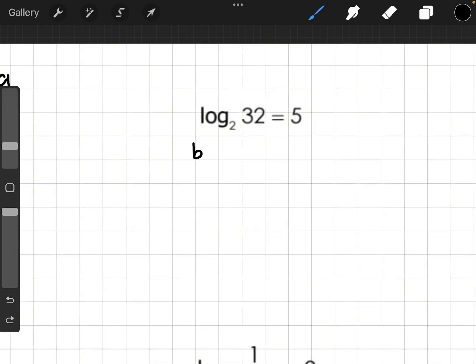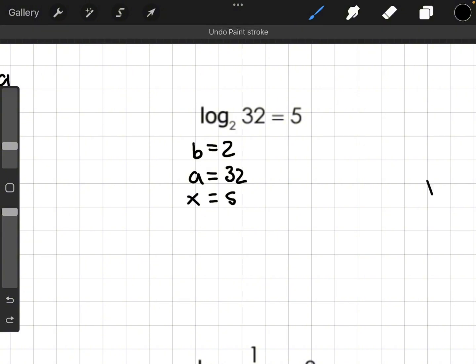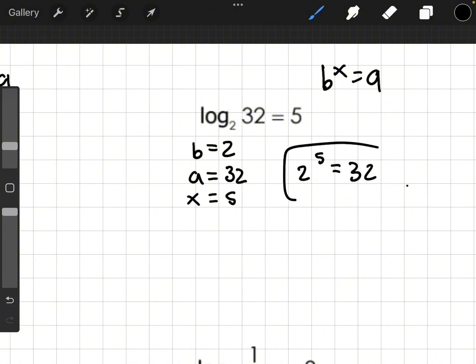Next we have b, which is the base, equals 2. A is this constant, equals 32, and x is the solution on this side, so 5. So we rewrote it as b to the power of x equals a: 2 to the power of 5 equals 32.